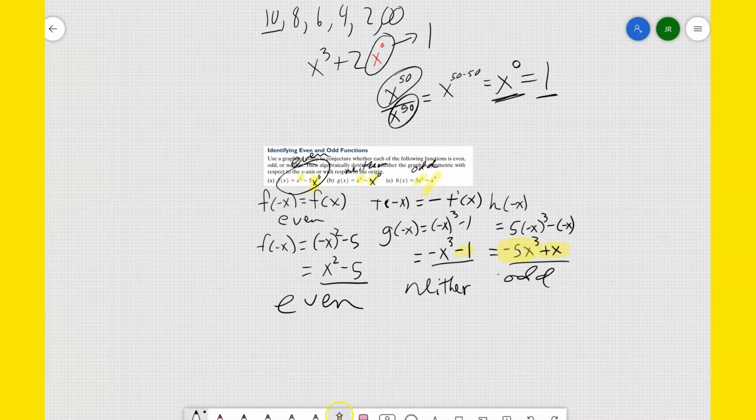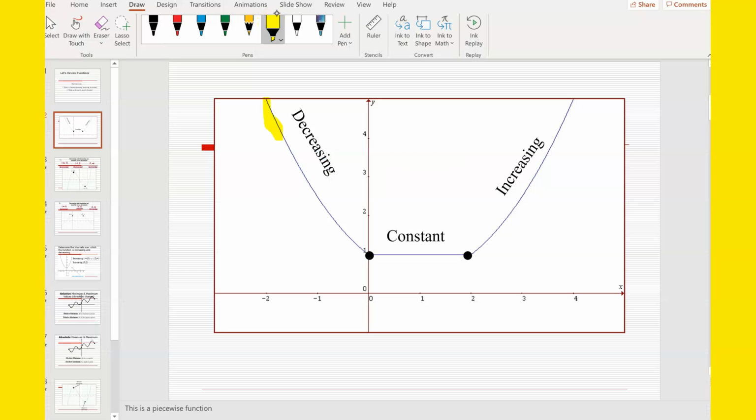So this thing is decreasing throughout here. But how do we give the answer? We say it is decreasing from what value of x to what value of x. When did it start to decrease? Well, how far to the left do you want to look? We can look all the way to negative infinity.